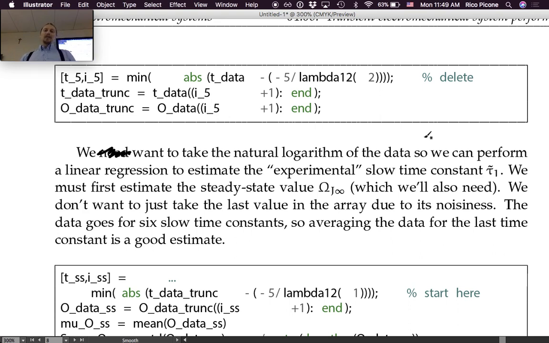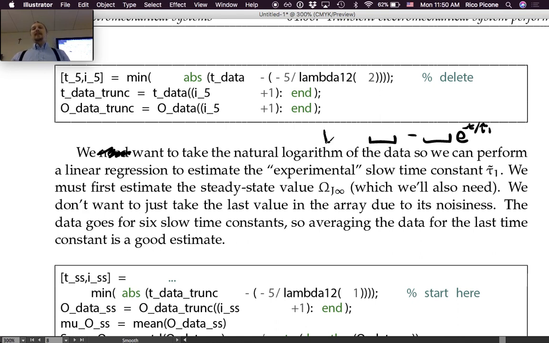But there's a problem. Well, there's a couple issues we have to deal with. First of all, this is actually not just e to the minus t over tau 1, it's something minus something e to the minus t over tau 1, because we're decaying not to 0, but to some constant value, whatever the steady state speed is.